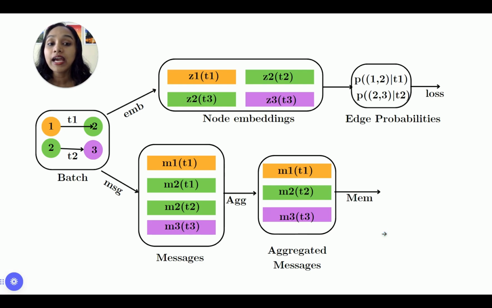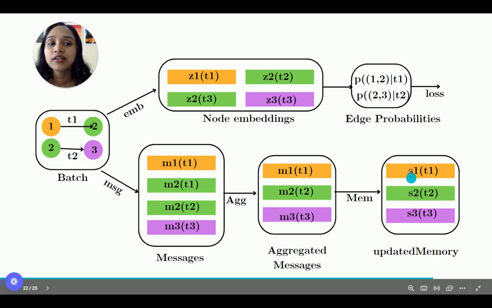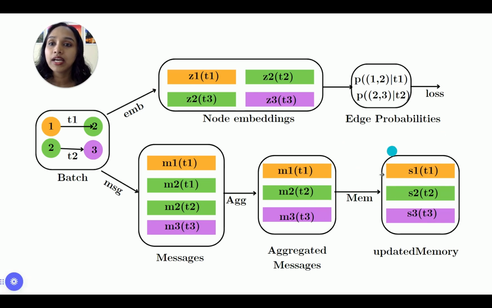Now we update the memory of our node. Initially the memory will be of the previous instance of time. After aggregating the messages, we update the memory. So the updated memory will become S1 of T1, which is the memory of node 1 at time T1, S2 of T2, which is the memory of node 2 at T2, and S3 of T2, which is the memory of node 3 at T2.